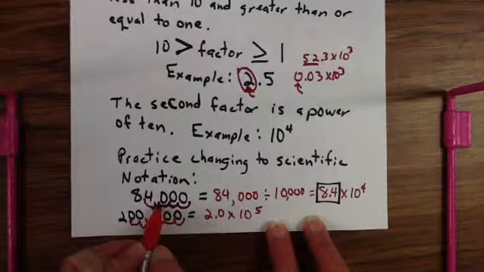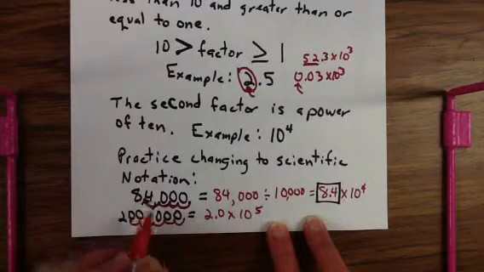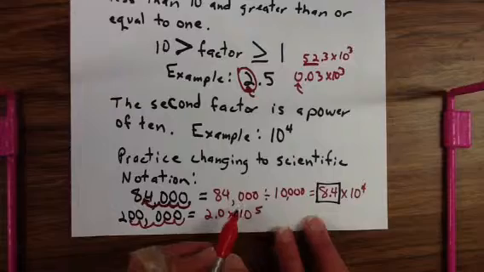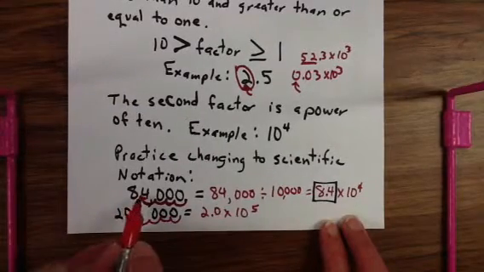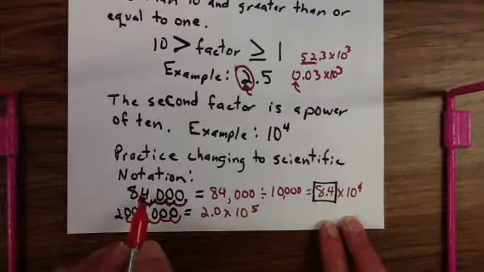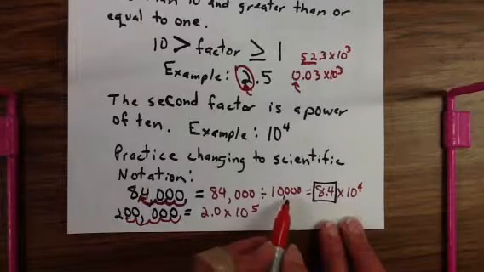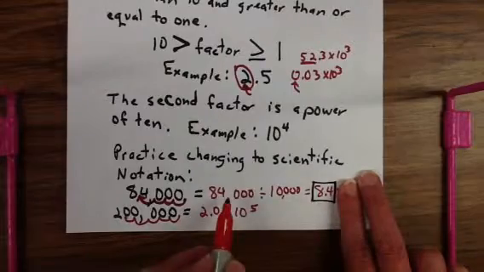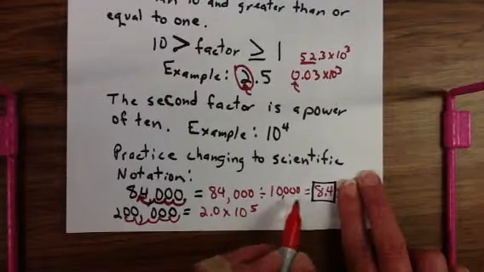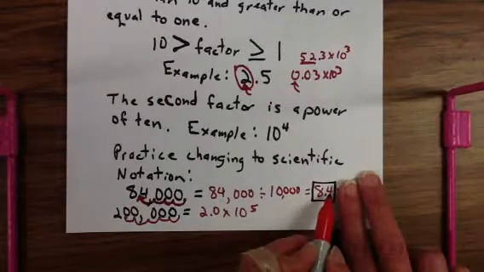1, 2, 3, 4 moves. So that would put my decimal here. 4 moves would be the same thing as dividing by 10,000. And my answer for 84,000 divided by 10,000 would be 8.4.